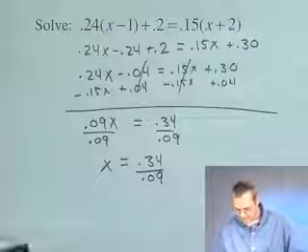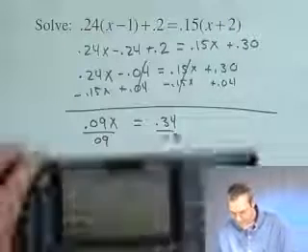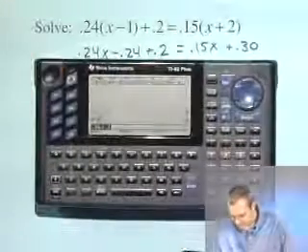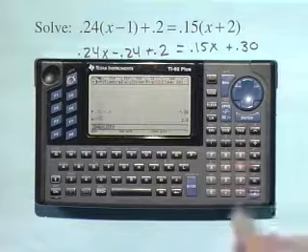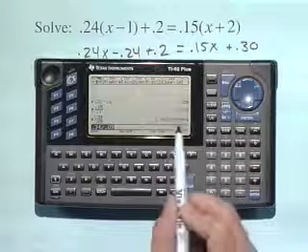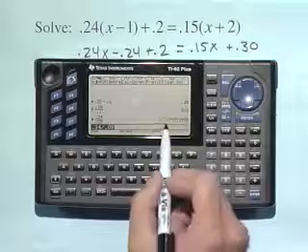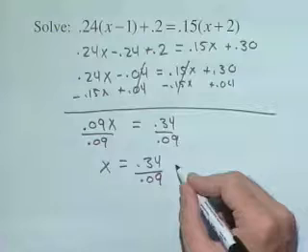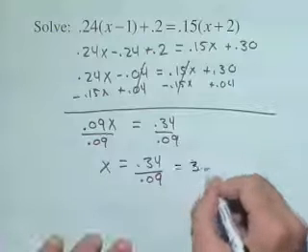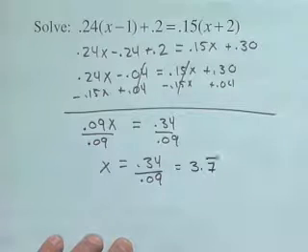And if we want to represent that as a nice decimal, 0.34 divided by 0.09 gives 3.7 repeating. It repeats. So we can represent that as a 3.7 with a line or a bar over the 7. Okay?